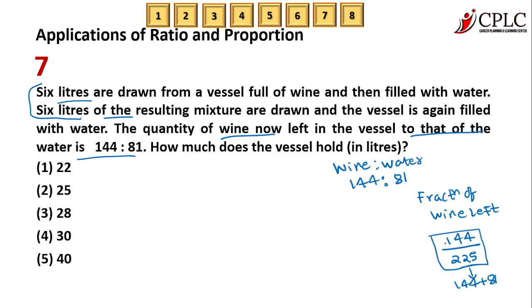Now, one more time here, these numbers 144, 225, clearly they are perfect squares. So at stage 1, 12 by 15 must have been left, and at stage 2, again 12 by 15 is left, and hence combining both of them, the final fraction that is left after two stages is 144 by 225.